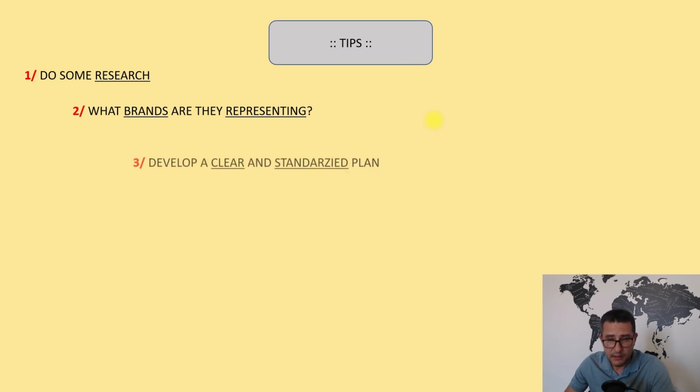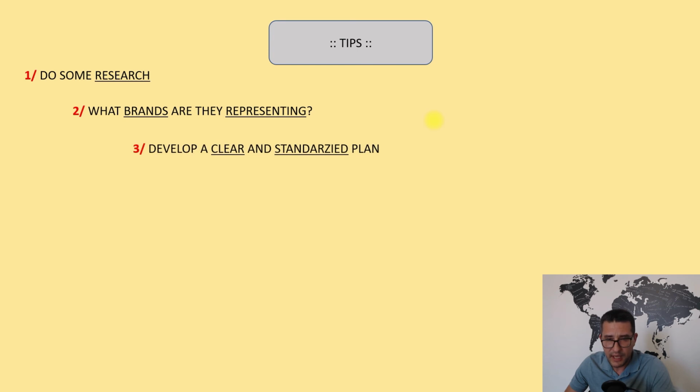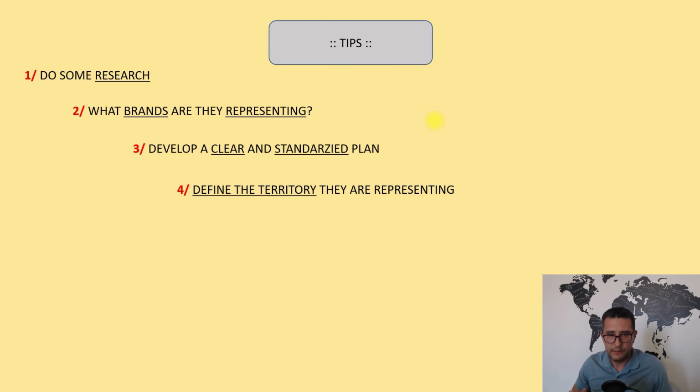My third tip would be to try and develop a clear and standardized plan when approaching a new partner, from company profile and unique selling propositions to goals and realistic expectations. Another tip is related to defining the territory they are representing you in.